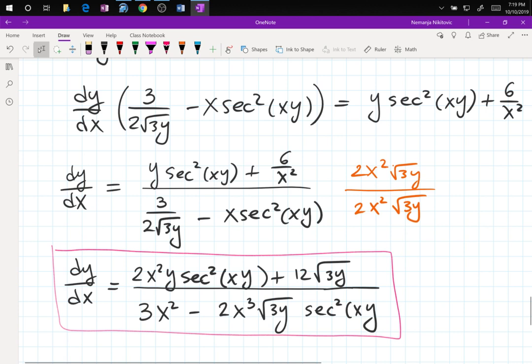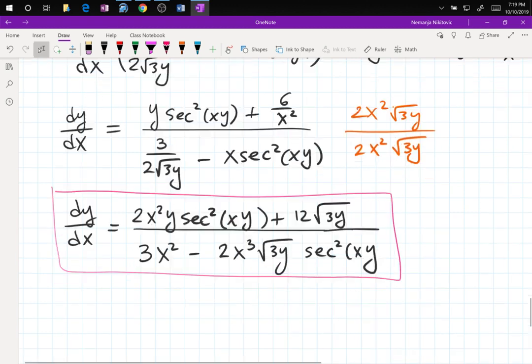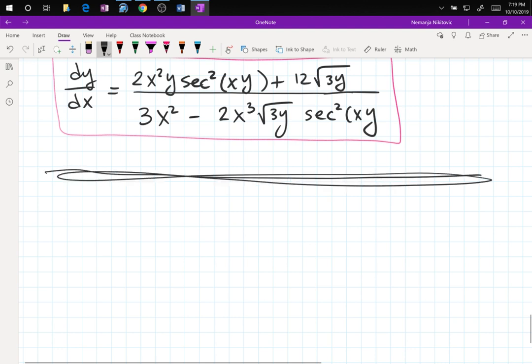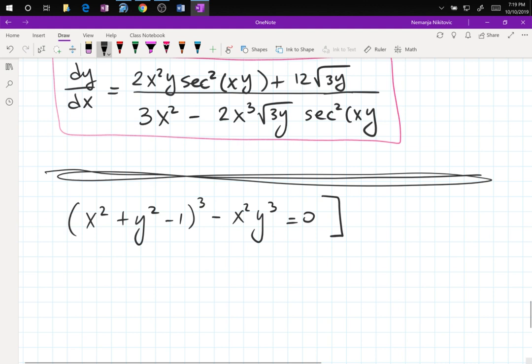I did say one more example, but then I forgot about the other levels. So we'll have to do a couple more. Let's take a breather and go with x squared plus y squared minus 1 cubed minus x squared y cubed equals 0.